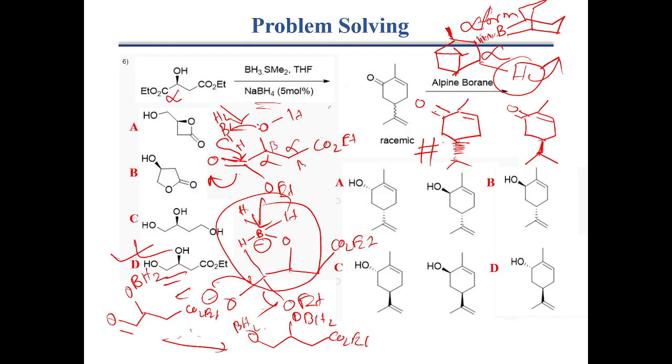So now there are two possibilities. The hydride will transfer to the sp2 center. The ketone is an sp2 center, so the hydride will come to the alpha face or to the beta face. If the hydride comes to the alpha face, the alcohol goes to the beta, or if the hydride comes to the beta face, the alcohol goes to the alpha.